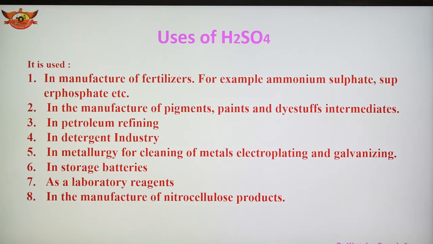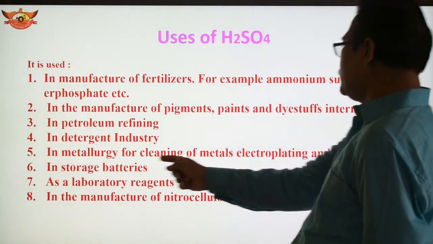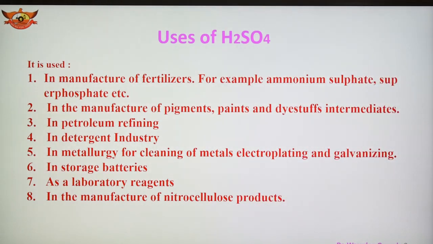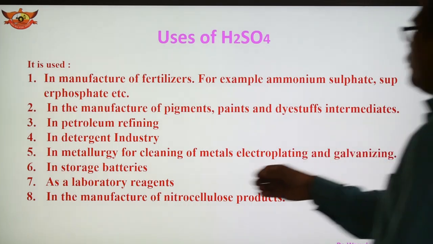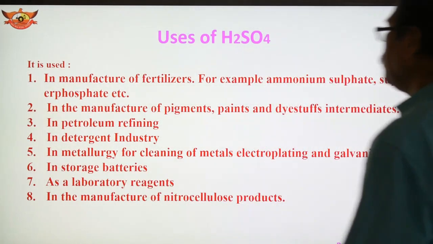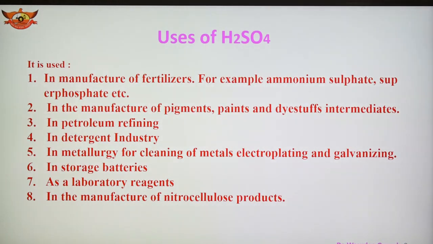In the detergent industry it is very useful, and in metallurgical processes sulfuric acid is used for the cleaning of metals, electroplating and galvanizing. We also add the acid in batteries, so it is used in storage batteries, as a laboratory reagent and as a solvent.